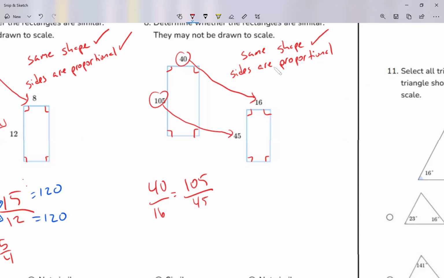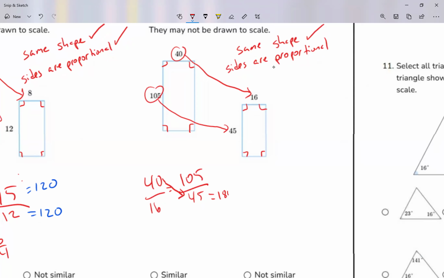Again, we can simplify the fraction or compare decimals, but what I'm going to do is cross multiply. 40 times 45 gives me 1800. 16 times 105 gives me 1680.